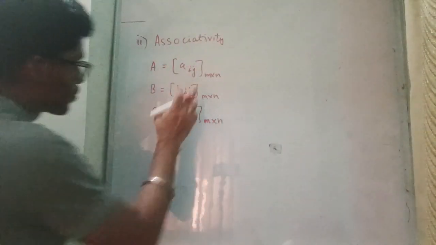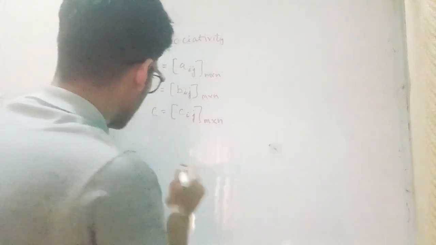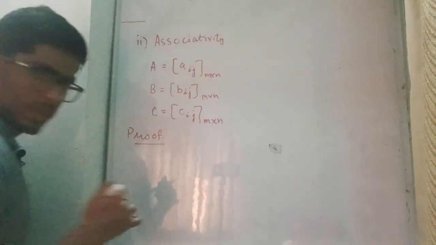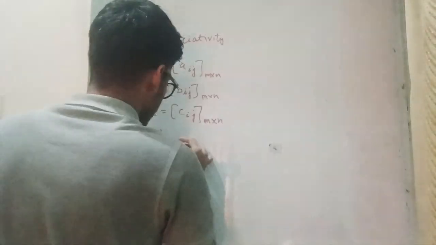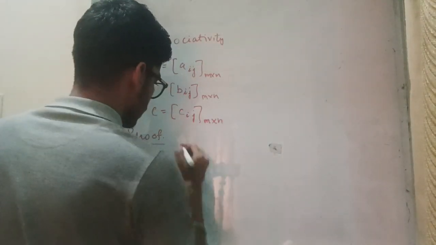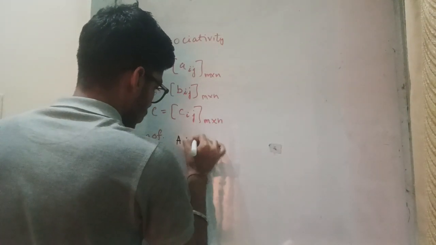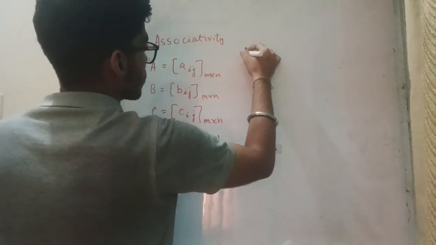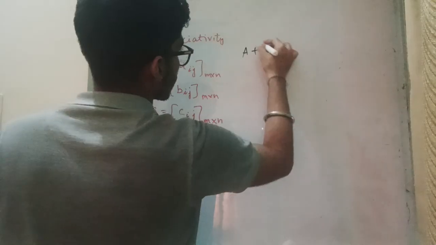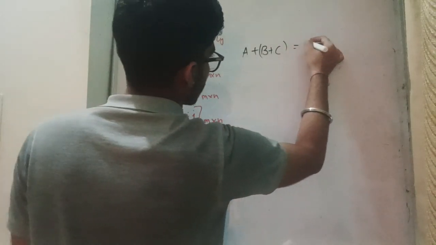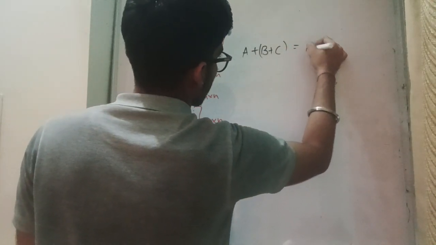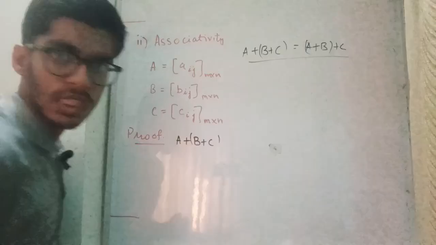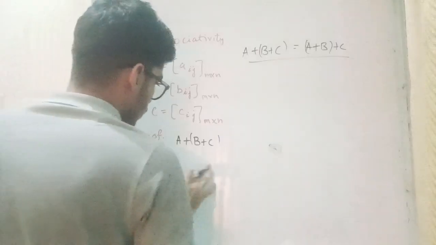So we have three matrices, and we will start the proof in a similar way. Let me write the statement of associativity, that (A plus B) plus C equals A plus (B plus C). Right.